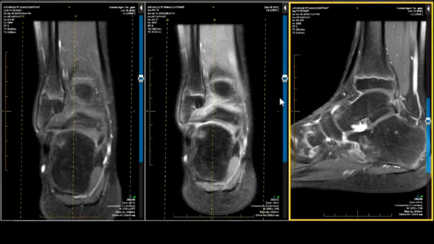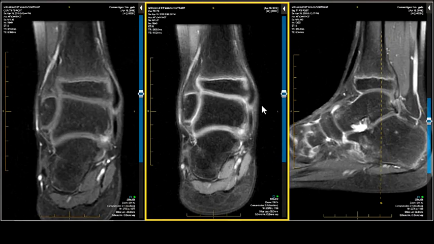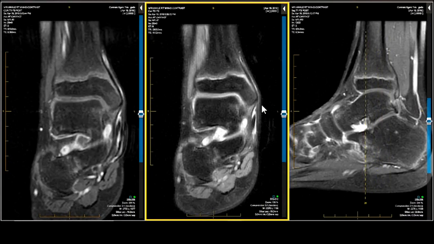You can look at the amount of fluid and the amount of pannus and the number of erosions and say if they're stable or progressing without giving contrast. Personally, I think it's a bad idea. Now, if you have a situation where you're unsure whether there's synovitis and you're not experienced, maybe.